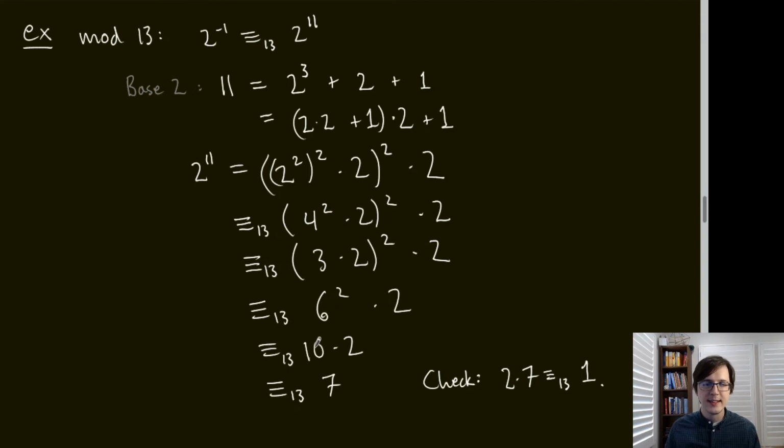So we've got 10, and then we're multiplying by 2. That gives 20, and 13 plus 7 is 20, so we get 7. Okay, so then let's just check. 2 times 7, that is 14, which is 1 more than 13. So it really is the multiplicative inverse.